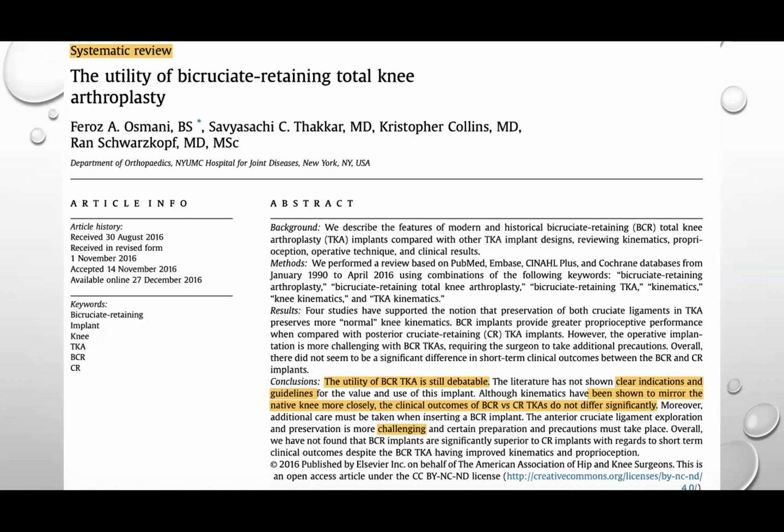But we had one study here that shows that those knees were shown to mirror the native knee more closely, but the clinical outcome doesn't differ significantly compared to the knees sacrificing the ACL. But those kinds of knees are a bit more challenging.